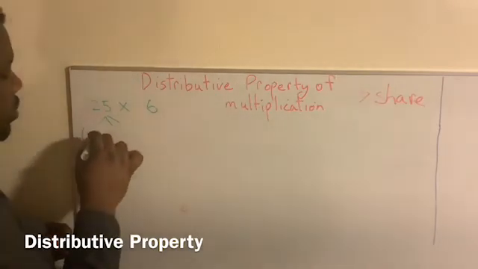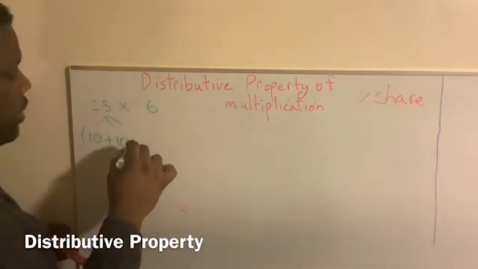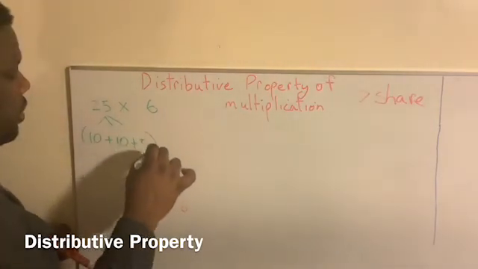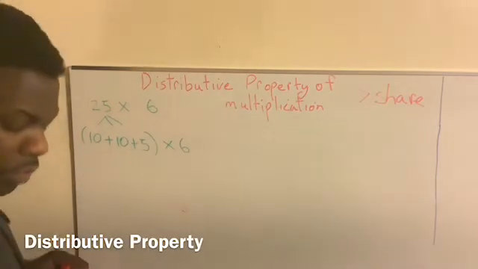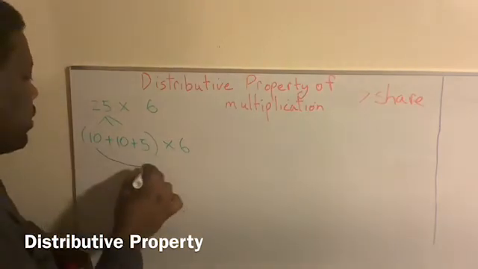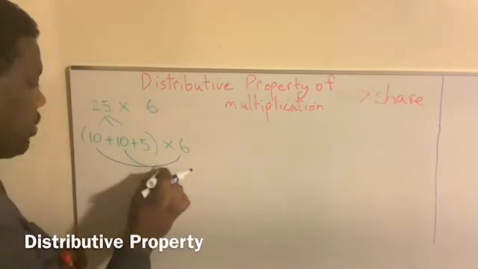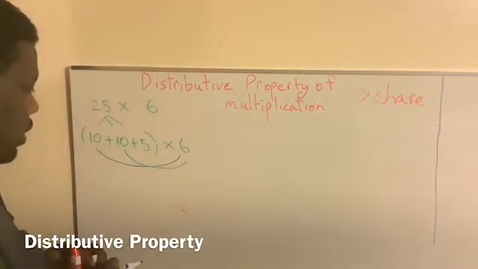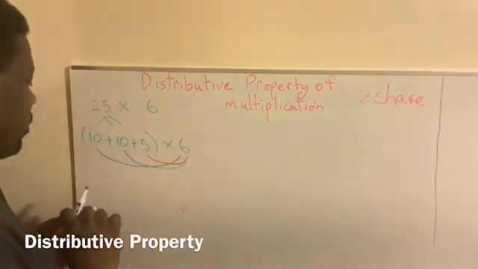So 10 plus 10 is 20 plus 5 times 6. Now we have 3 parts, so that means we will have 3 sentences. 10 times 6, another 10 times 6, and then we have 5 times 6.